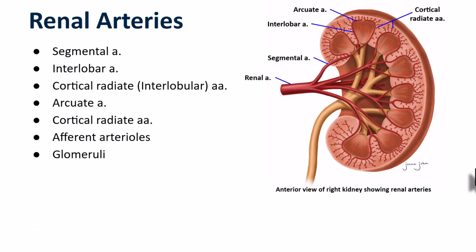And so let's follow the entire branching pattern of the renal artery. We won't do this for every single branch, but we'll do it for every type of branch. So from the abdominal aorta at about the level of L1, we have the renal arteries going out into the hilum, and they're going to multifurcate into segmental arteries.